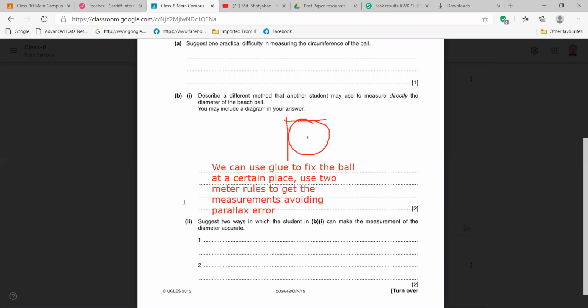Now, B2. Can you give us the idea? Sir, how about we repeat the steps in B1 two times?